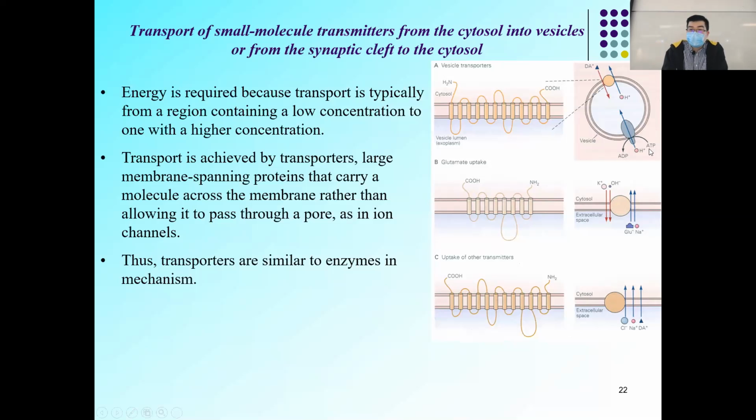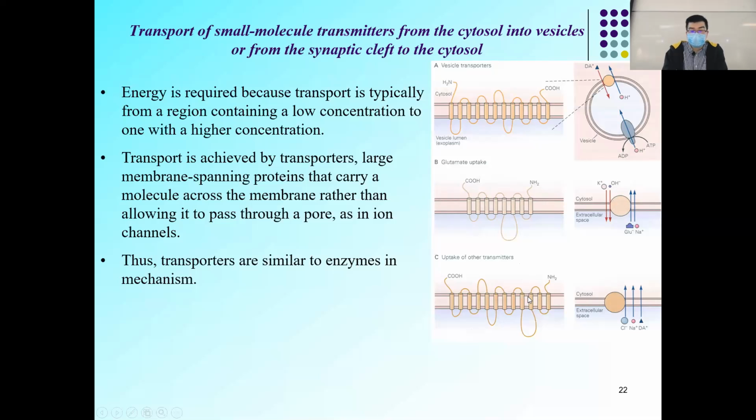So as I mentioned, the vesicle transporter and the transmembrane transporter are different, okay? They make use of different mechanisms. Here are three of those: the vesicle transporters, the glutamate uptake transporter, but this is actually at the membrane, and this one is the uptake of other transporters as well.